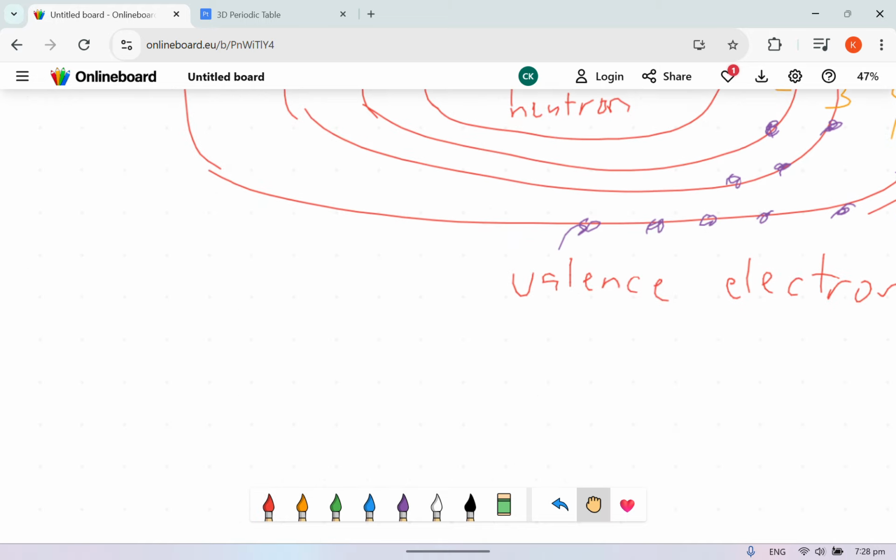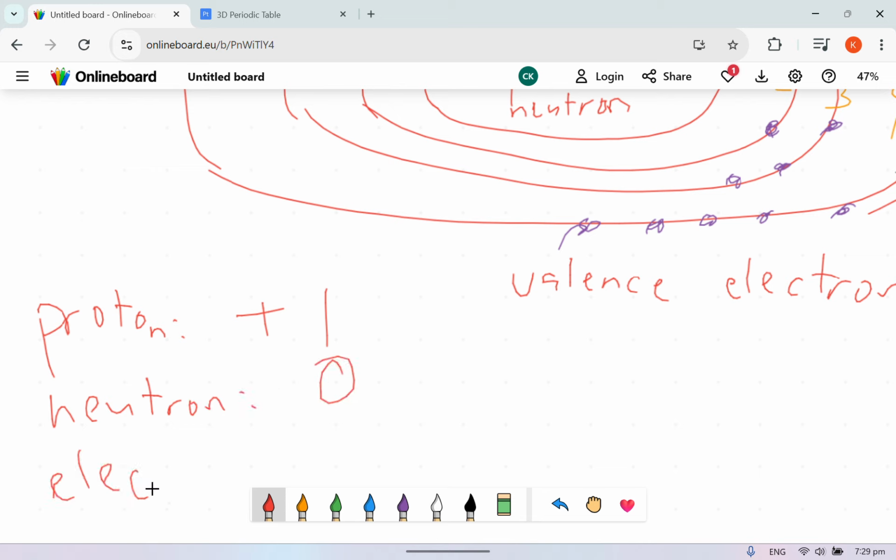Now, protons are positively charged. They have a +1 charge. Neutrons are neutral, which means 0. And electrons are negatively charged, -1. As I said just now, I'll go through more about atomic structure in another video, which I'll upload far ahead.